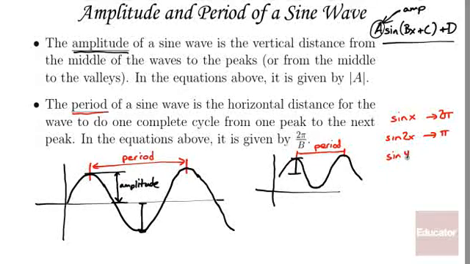Sine of 4x, the period would be pi over 2. And the pattern that you notice here is that the period is given by 2 pi over the coefficient of x, 2 pi over b. So you plug b into that equation, and that tells you what the period is.